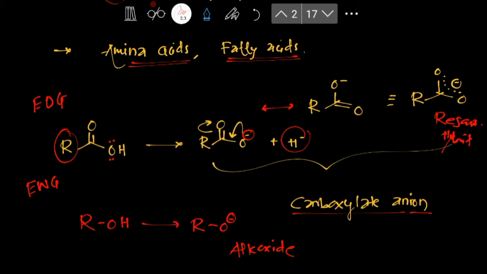You know that when electron releasing groups, that is electron donating groups, are attached to a carboxylic acid, the acidic strength decreases. While when electron withdrawing groups are attached, the acidic strength increases. It will be the same case for aromatic acids also, but some effects, like the ortho effect, are dominant here. That's why we can easily compare the aliphatic as well as the aromatic carboxylic acids.